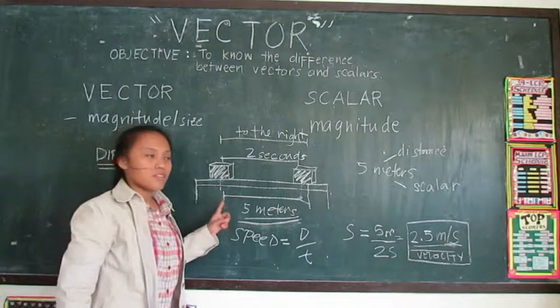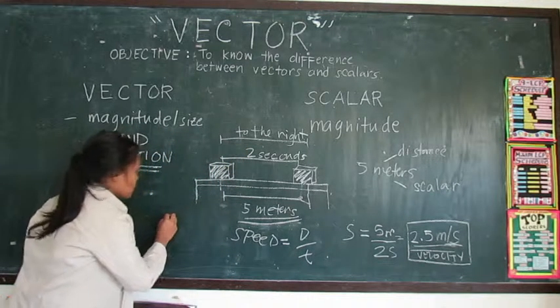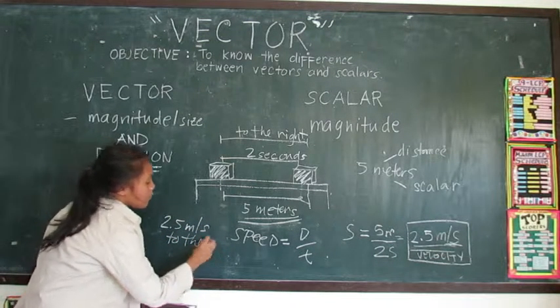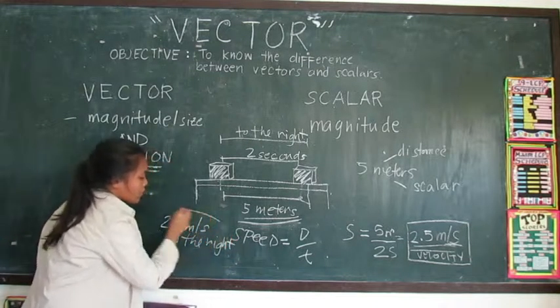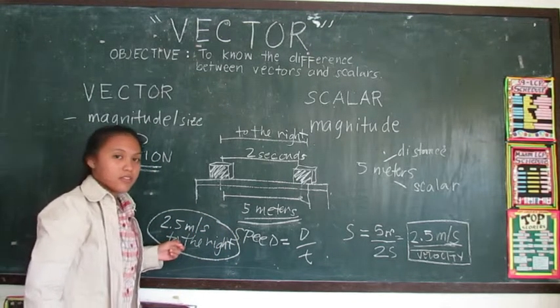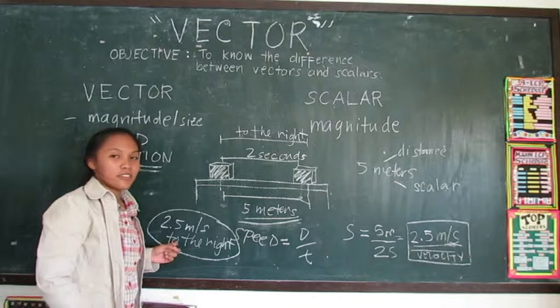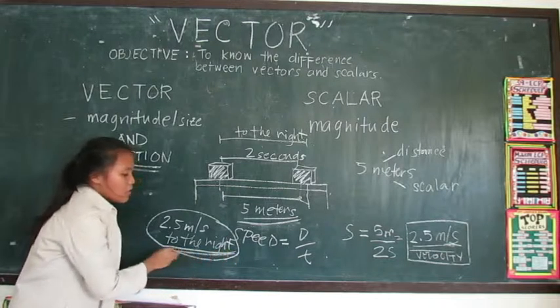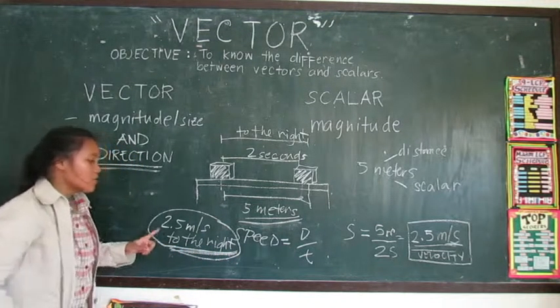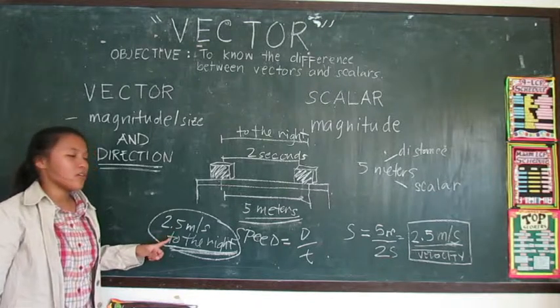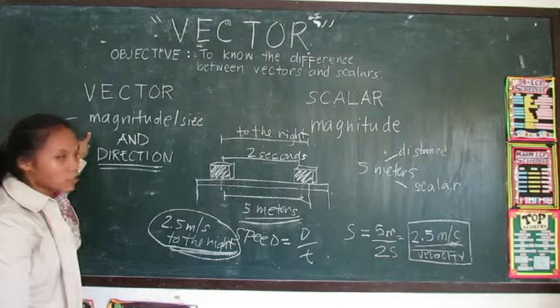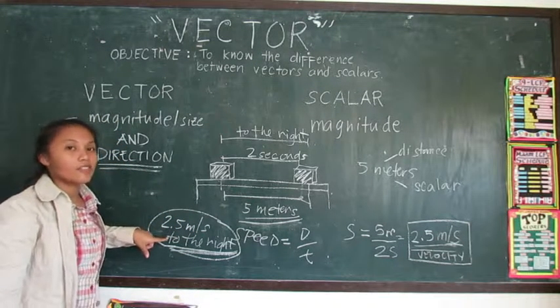So if I add the direction to the velocity, 2.5 meters per second to the right, can we consider this a vector or scalar? Because it has the direction, the information where the box traveled, 2.5 meters per second to the right is also considered a vector quantity because it has a magnitude or size and it has a direction.